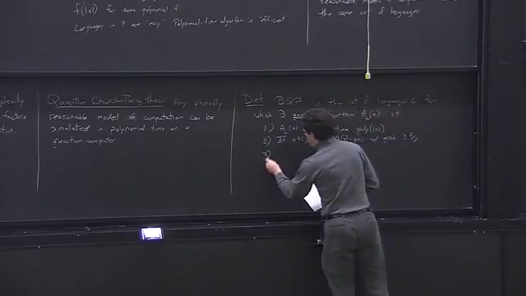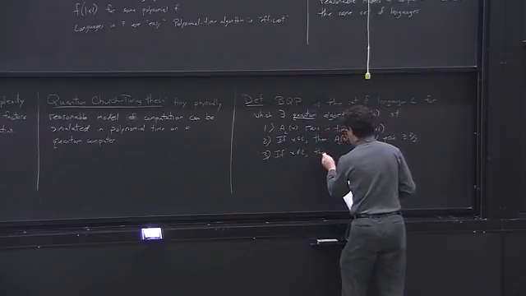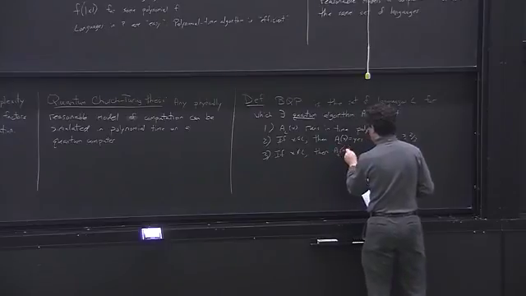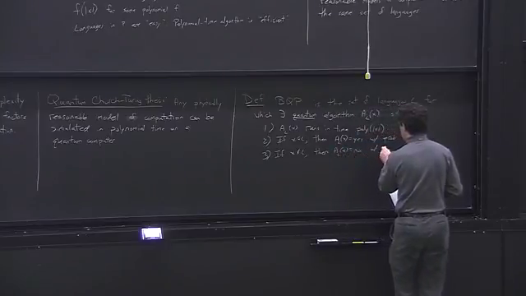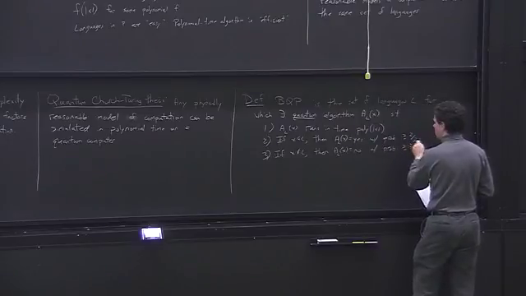And if the input is not in L, then it should output no with probability at least 2/3.